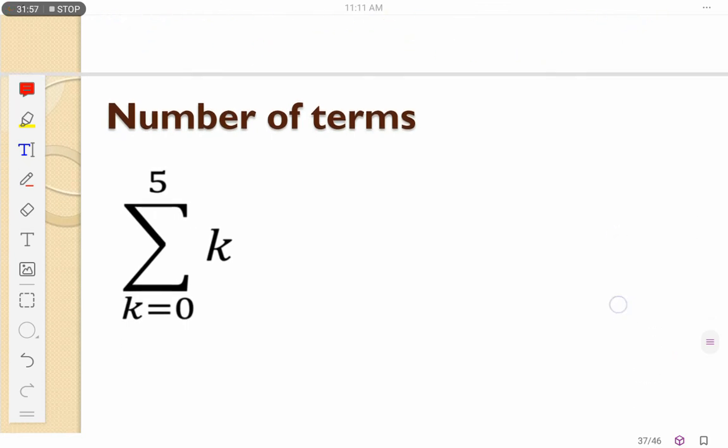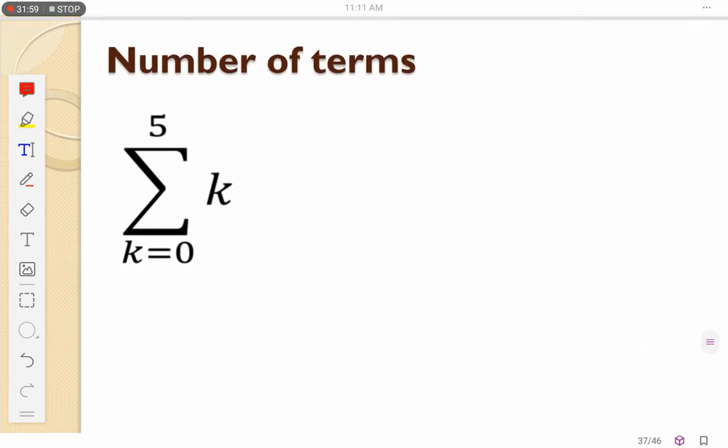Now let's have something more realistic. Here I've got my last term as 5, and the first integer, we are starting at 0. We still have the same formula k. For me to get the number of terms, we have a formula.